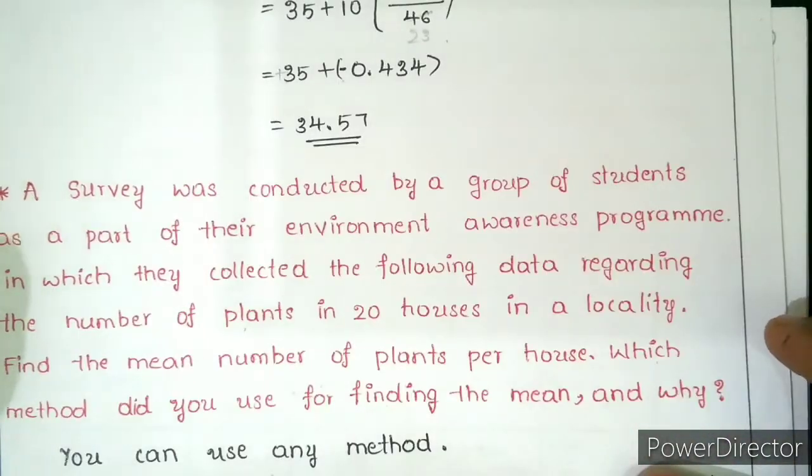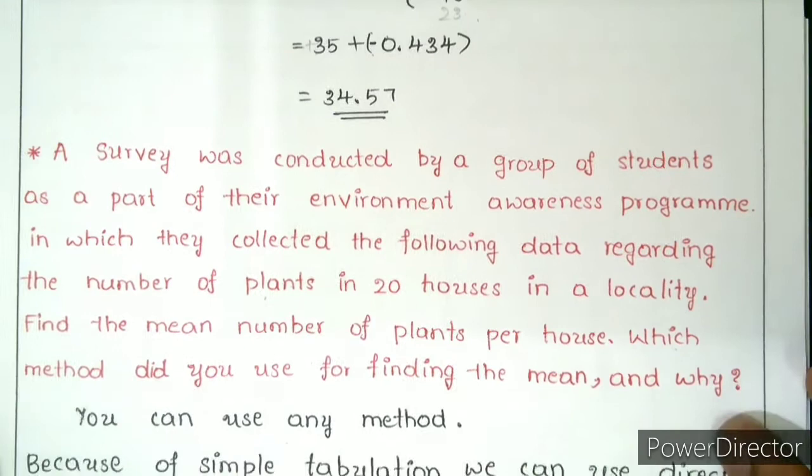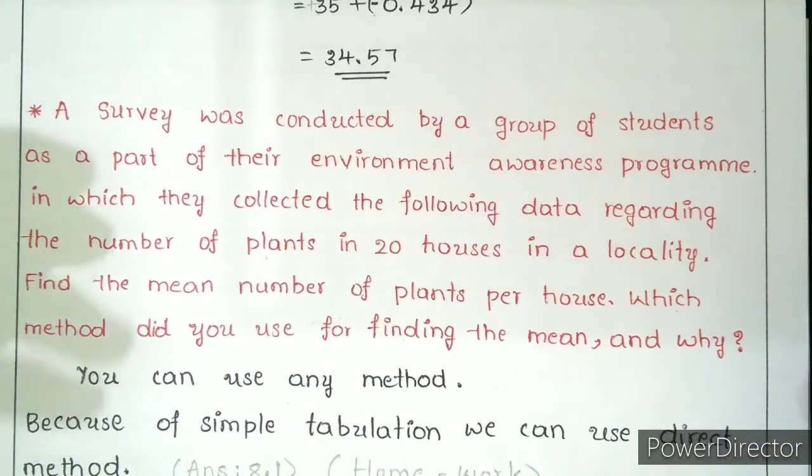So now you have some homework. A survey was conducted by a group of students as a part of their environment awareness program, in which they collected the following data regarding the number of plants in 20 houses in a locality. Find the mean number of plants per house. Which method did you use for finding the mean and why?